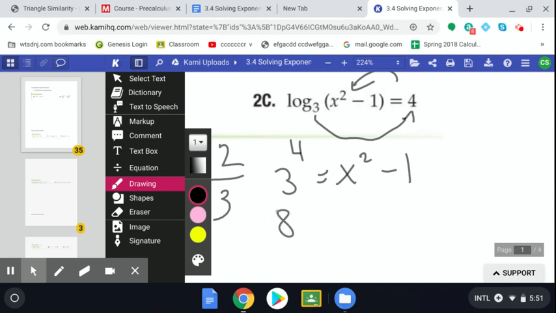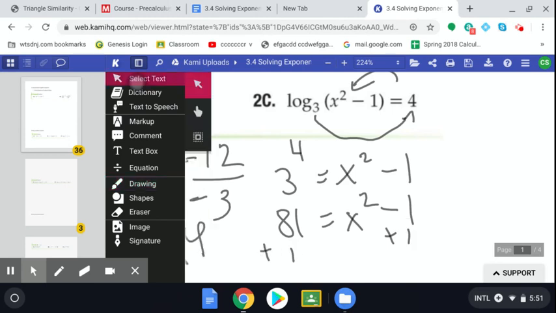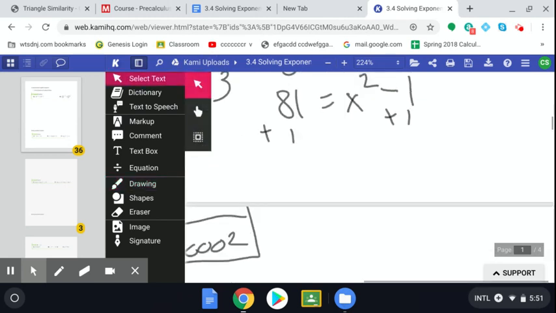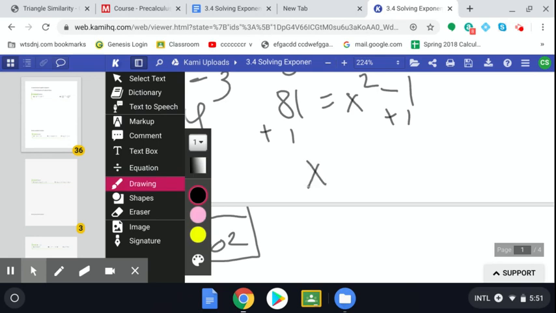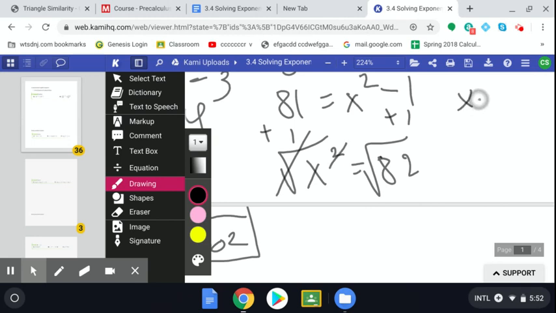So I can say that 81 is equal to x squared minus 1. Add 1 to both sides, and you get that x squared is equal to 82. Square root both sides, and you get that x is equal to plus or minus the square root of 82.